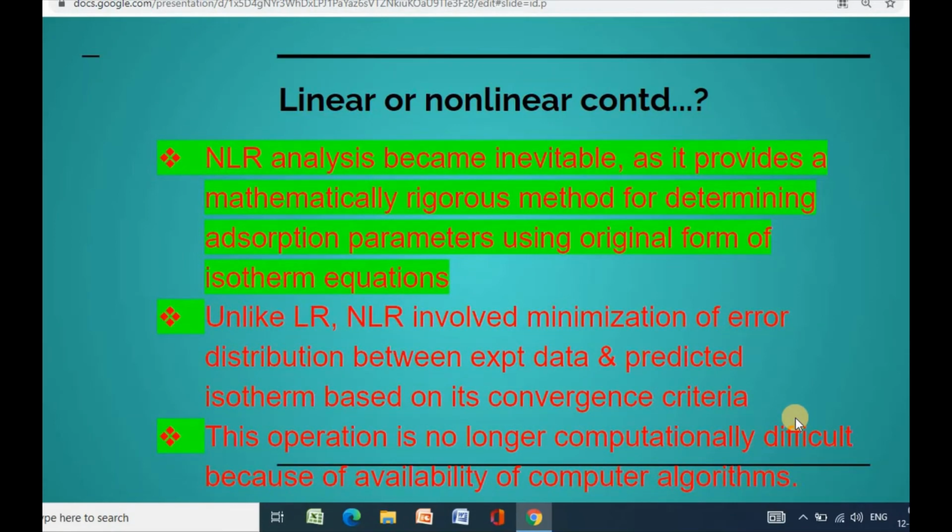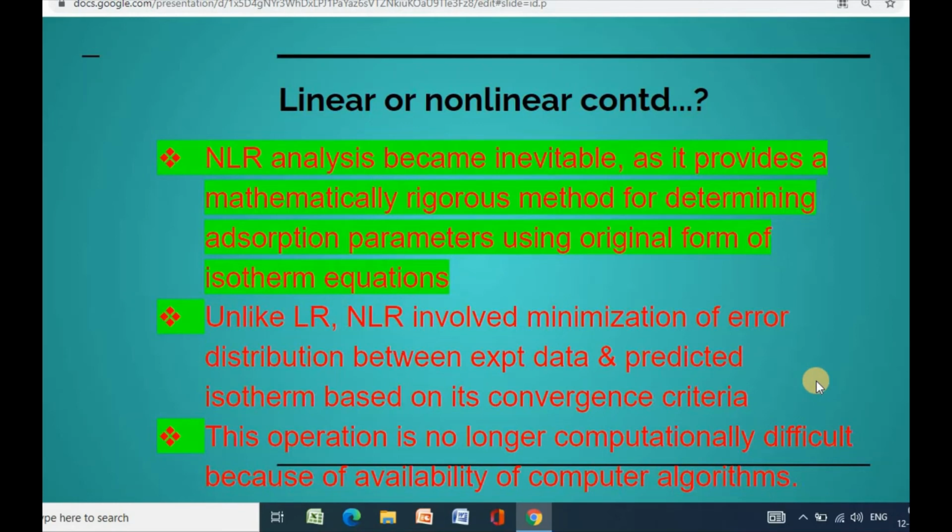Again, nonlinear analysis became inevitable as it provides a mathematically rigorous method for obtaining adsorption parameters using the original form of the isotherm equation. Unlike linear regression, nonlinear regression involves minimization of error distribution between experimental data and the predicted isotherm based on its convergence criteria.